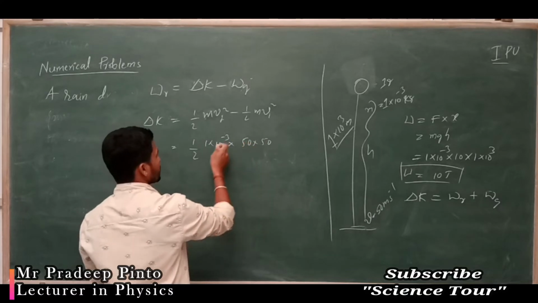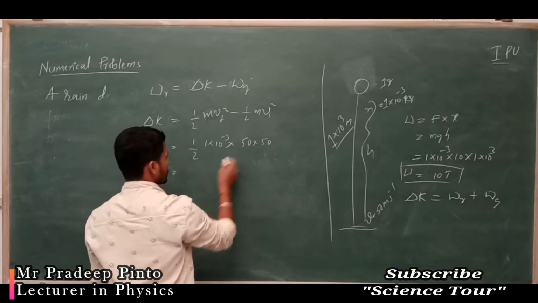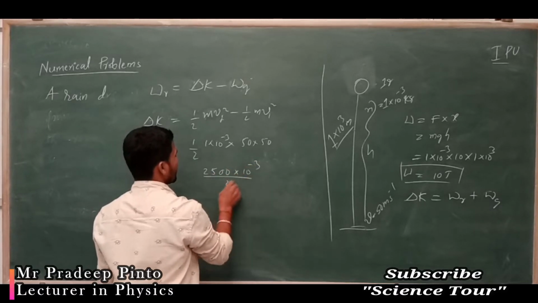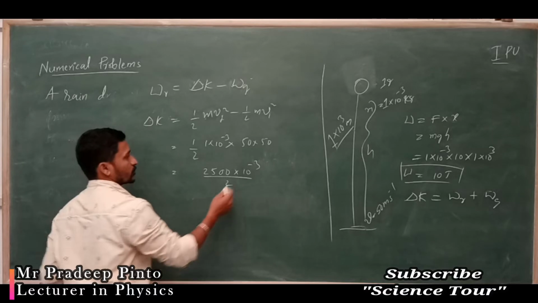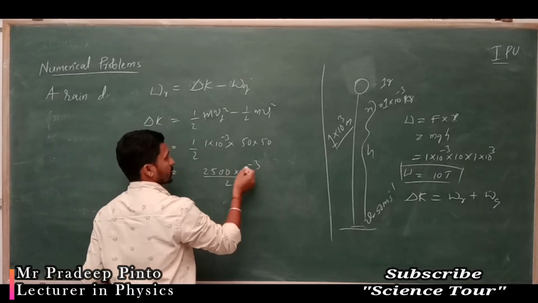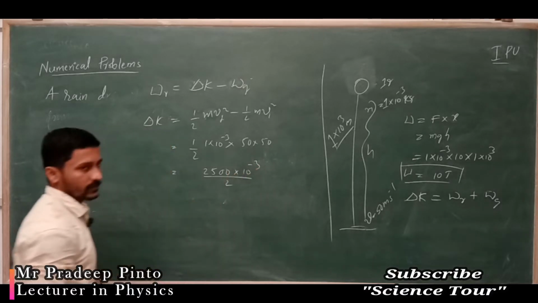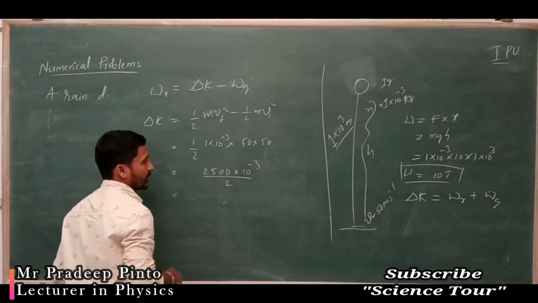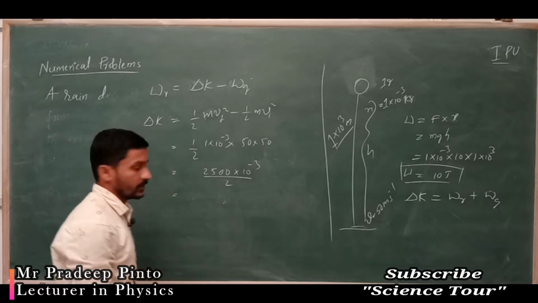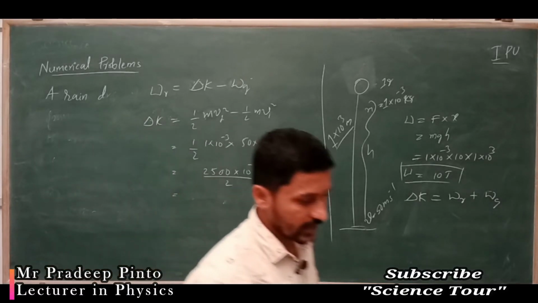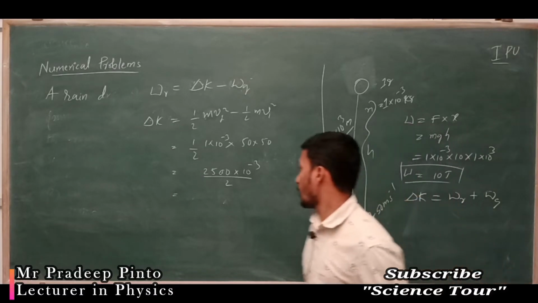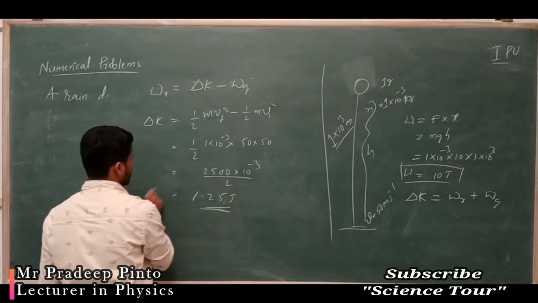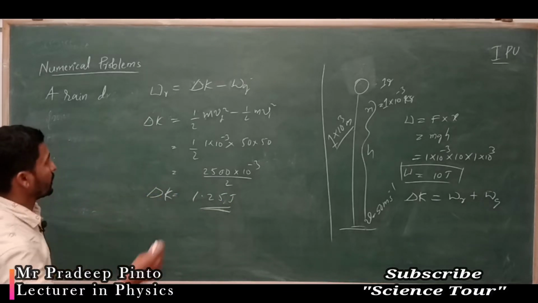So 50 into 50 becomes 2500 into 10 to the power minus 3 divided by 2. It becomes 125 into 10 to the power minus 1. So the change in kinetic energy is 1.25 joules.